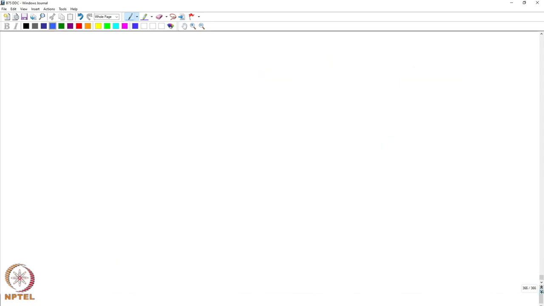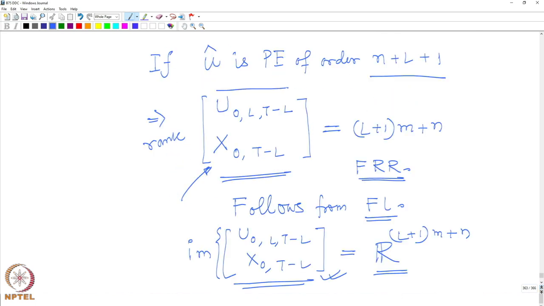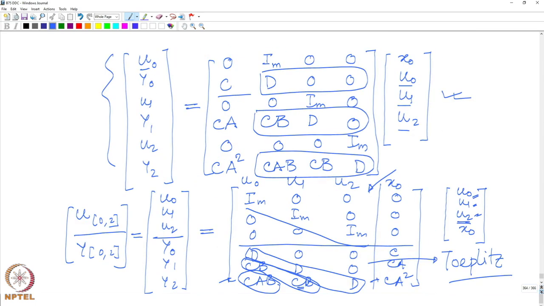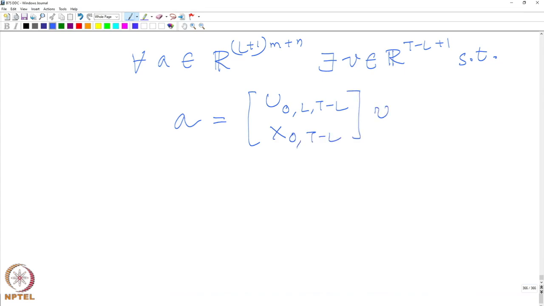So, for all A in R to the L plus 1 times m plus n, there exists a V in R to the number of columns here, which is exactly t minus L plus 1, such that A is equal to the matrix u 0 to L, x 0 at t minus L, times V.